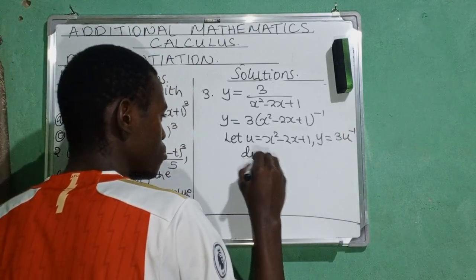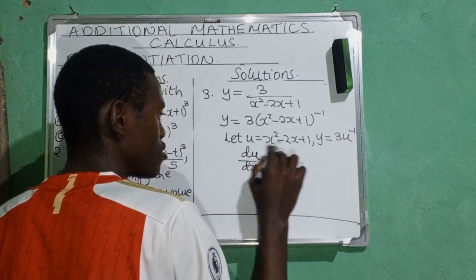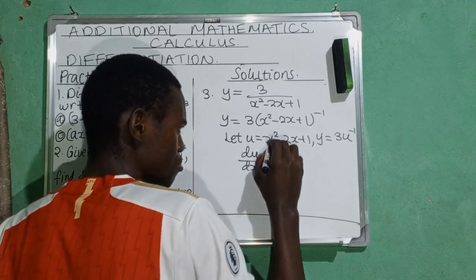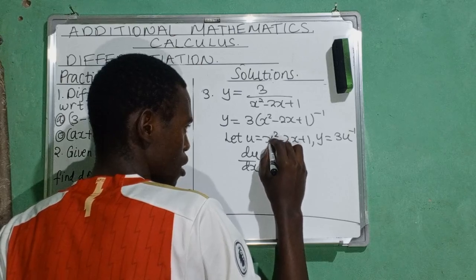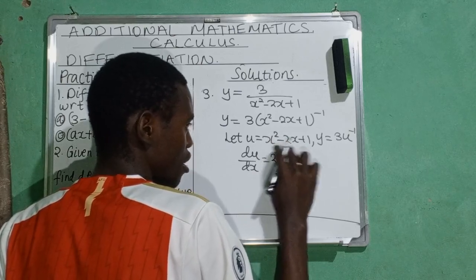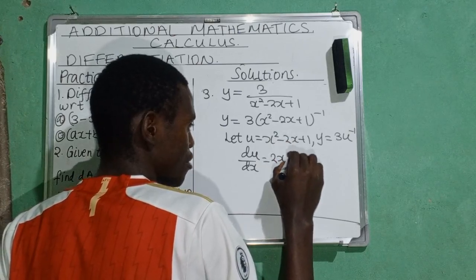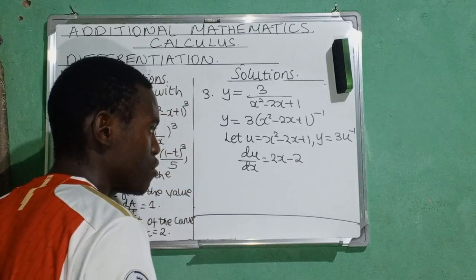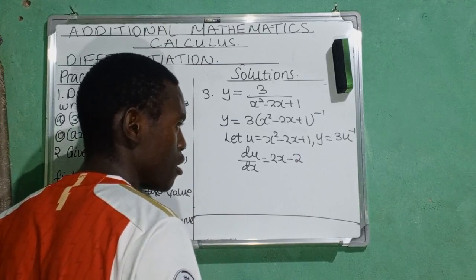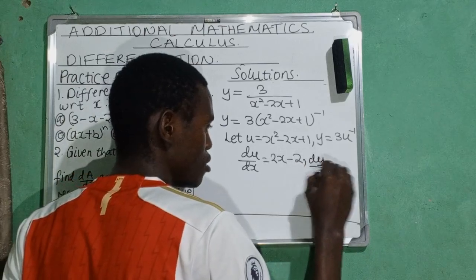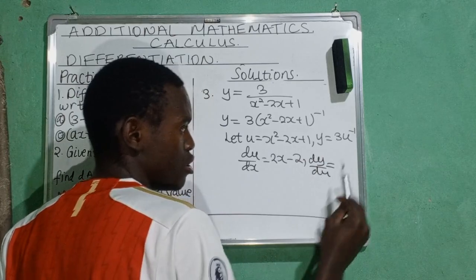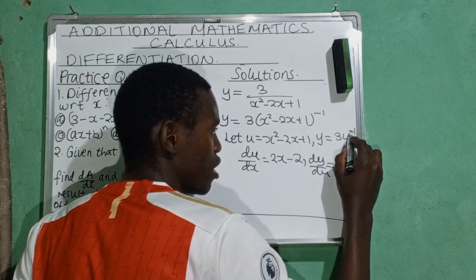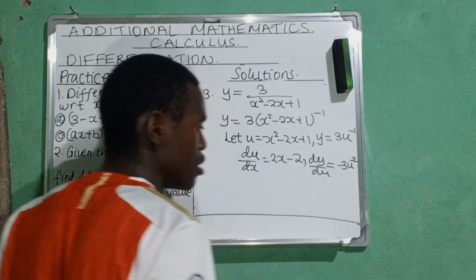Then your du dx, differentiating this function in u with respect to x, is equal to the derivative of x squared, which is 2x, and then minus 2x, the derivative there is negative 2, and then positive 1, which is a constant. The derivative of a constant will simply be 0. Then your dy du is equal to, if you differentiate, minus 3u to the power negative 1 minus 1, which is negative 2.